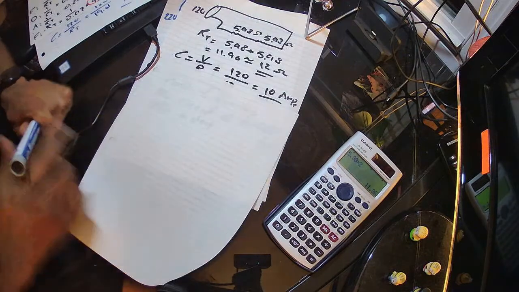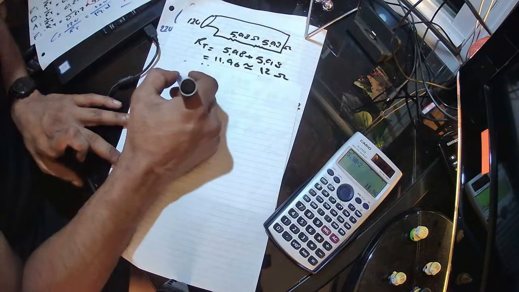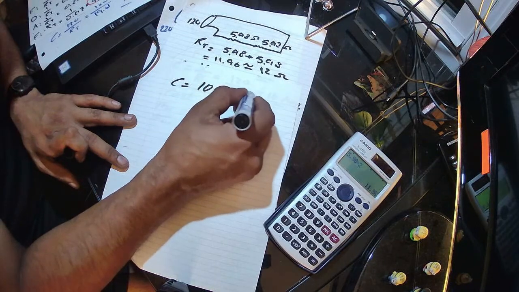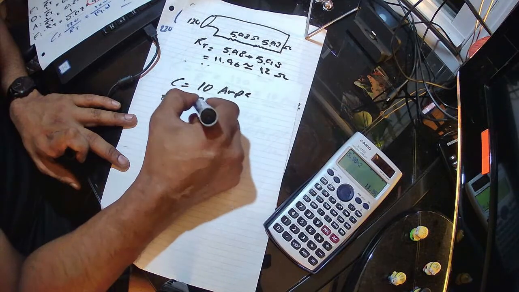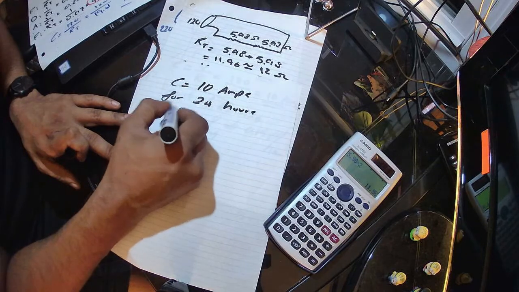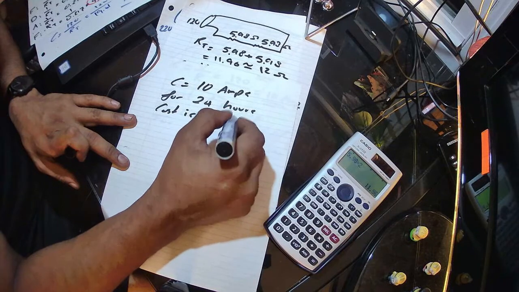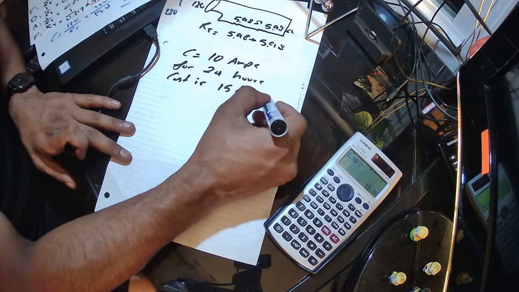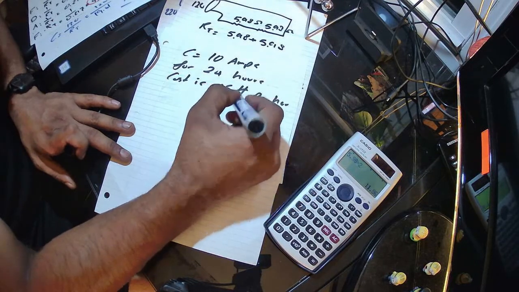So we realize that this circuit has a current of 10 amps for 24 hours. Cost is 15 cents per kilowatt-hour.